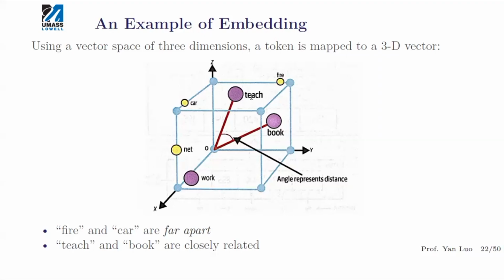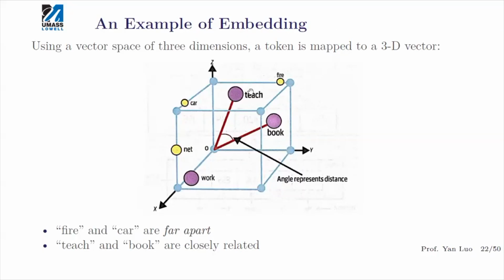My goal of building this 3D representation is to make sure that if 2 tokens are irrelevant, or you don't see them appear next to each other in the documents that often, they should be far apart.